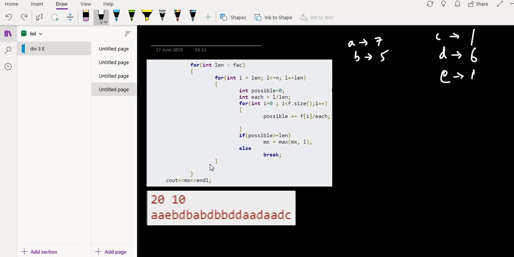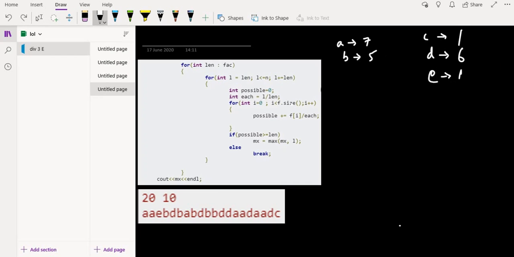So we know that for k equals 10, we have to try and build a string which is either 1 beautiful, a 2 beautiful, a 5 beautiful, or a 10 beautiful string. If we do that, then we know that it's going to be a 10 beautiful string for sure. So for each of those values, I'm going to try and build a string.